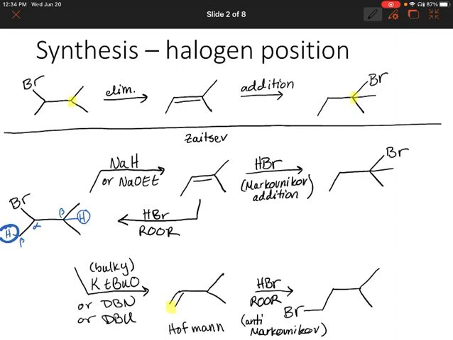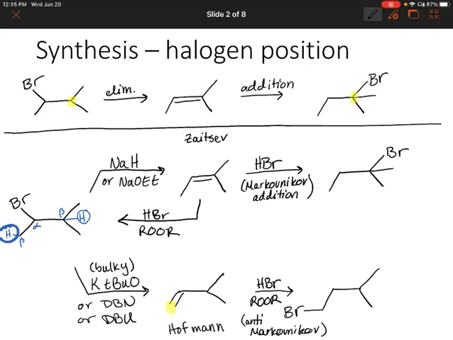Okay, so again, we just saw several different ways that we could move a halogen. If we start with a secondary alkyl halide, we could form a tertiary alkyl halide by favoring the Zaitsev alkene, the Zaitsev product, so the more substituted alkene.